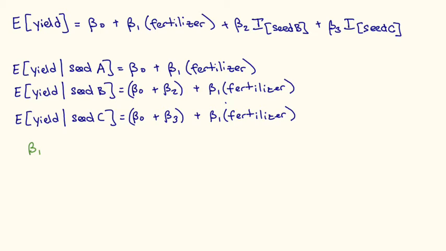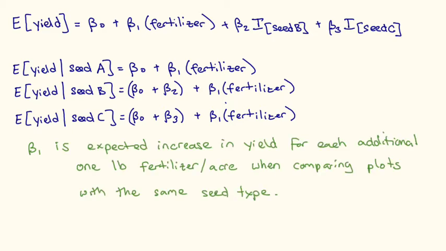To get beta 1 alone, you just need to have the same seed type, and then you have to make the fertilizer 1 unit. So beta 1 is the expected increase in yield, so it's our slope, it's always our slope, for each additional 1 pound of fertilizer per acre when comparing plots with the same seed type. Notice that I am specifying that it's only comparing plots with the same seed type.